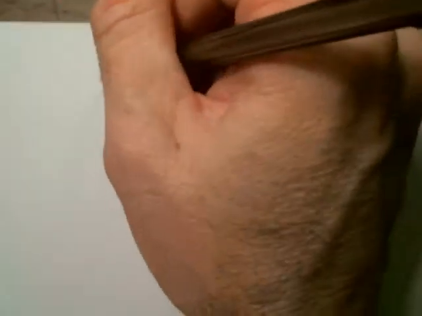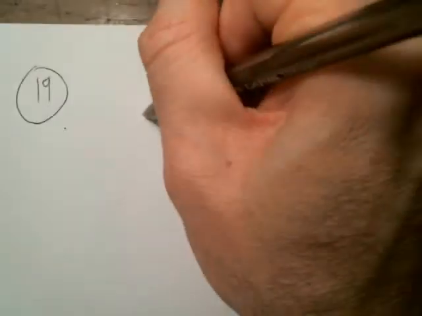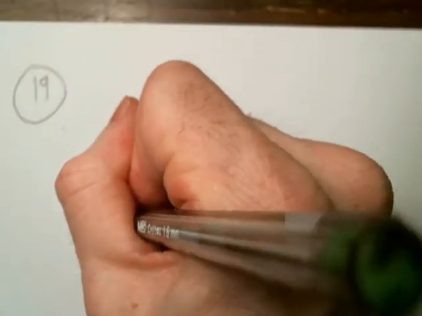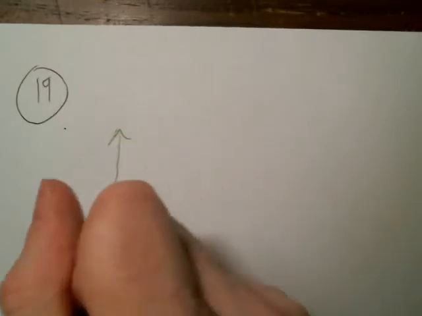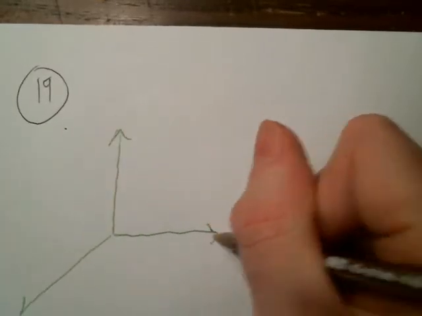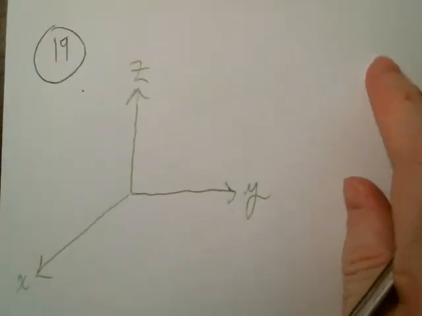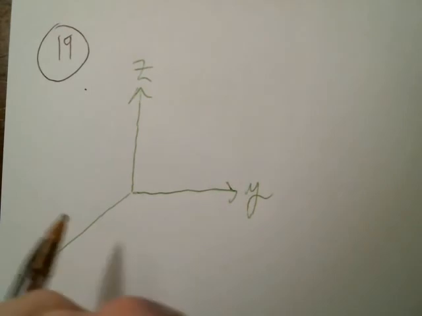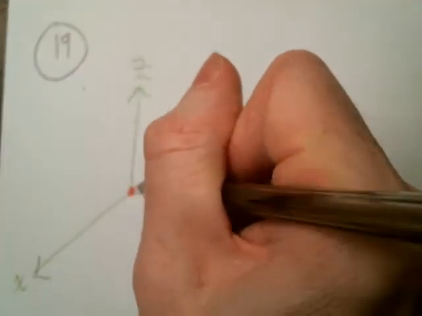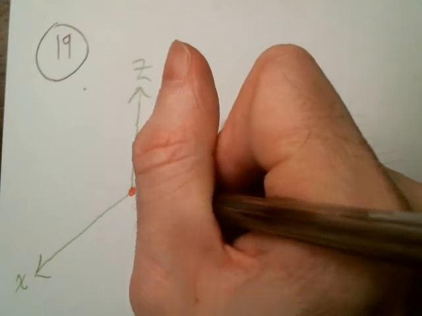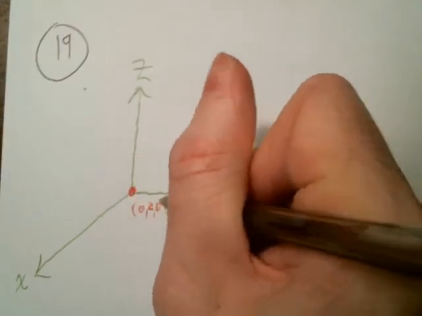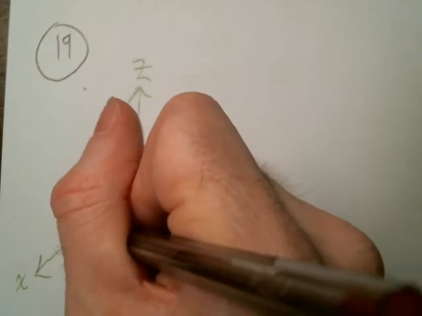Let's look at another one. This one is a little more complicated with regards to the curve. It's in space this time. Let me draw out the x, y, and z axes here in green. The first curve is going from (0, 0, 0) to (1, 0, 0).